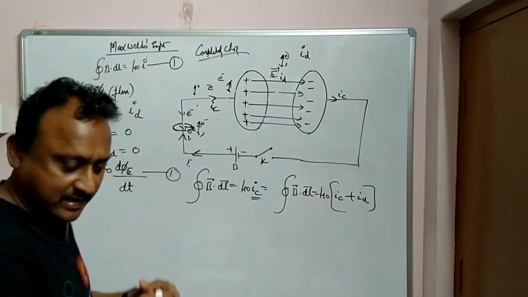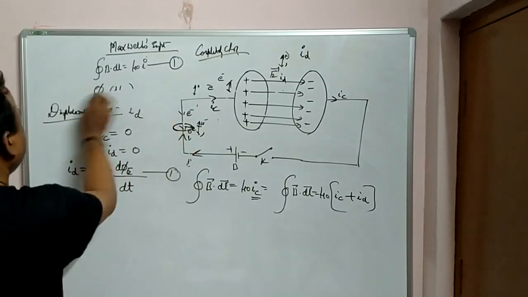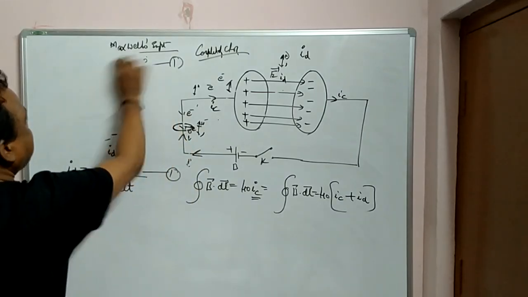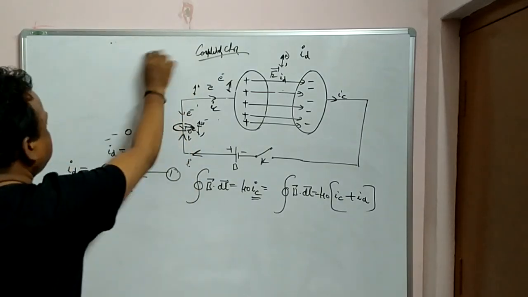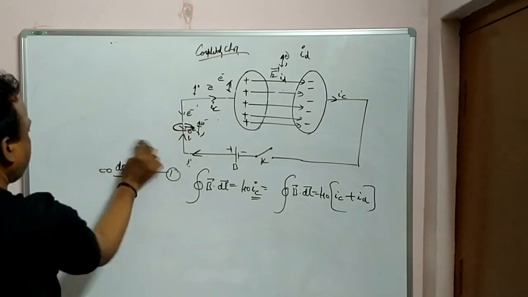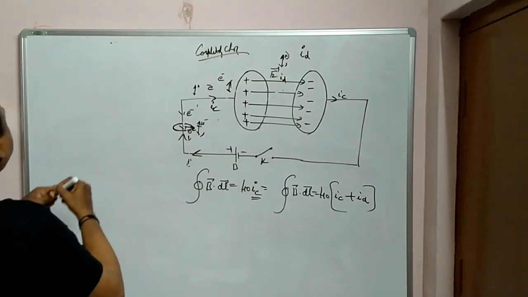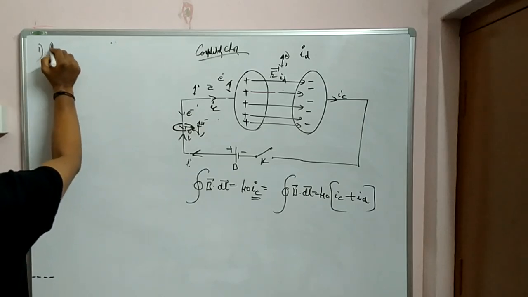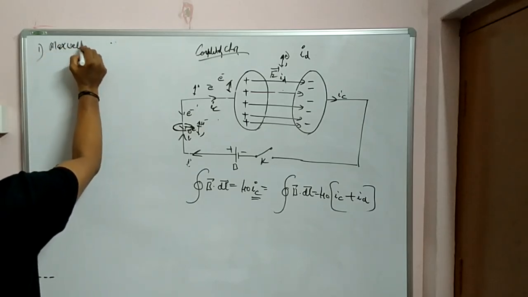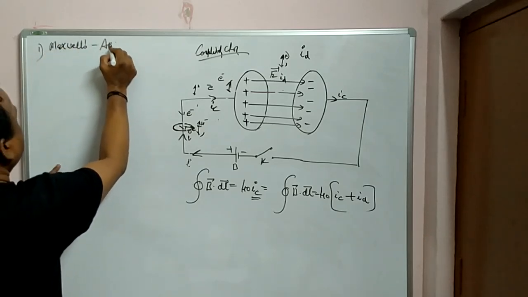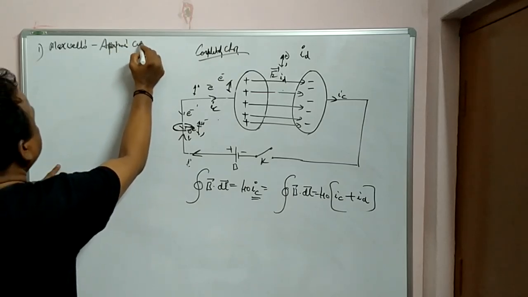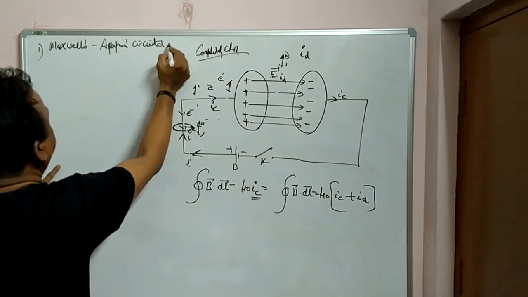I am writing here, I'll write on the top. Please note down. First one, Maxwell's Ampere's circuit law. First one. All the equations have been changed and unified. First equation, Maxwell's Ampere's circuit law.